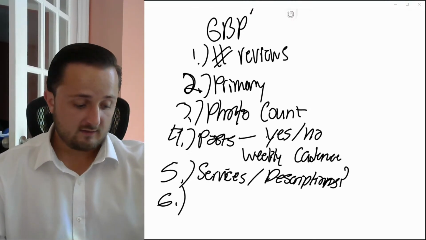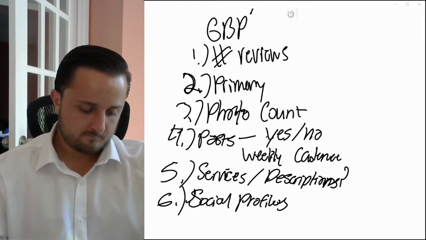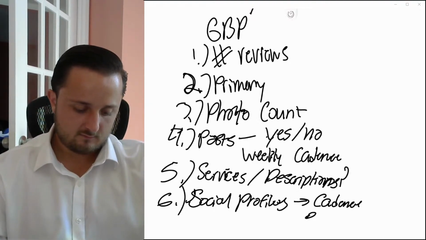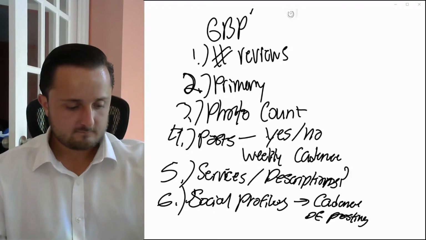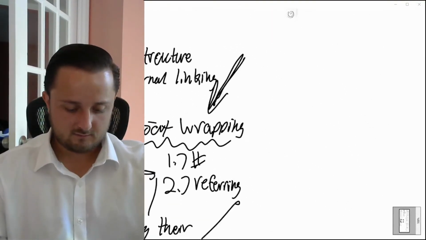And then also, are they linking to all of their social profiles? And then their cadence of posting on these. So that's how I would do a competitor analysis.